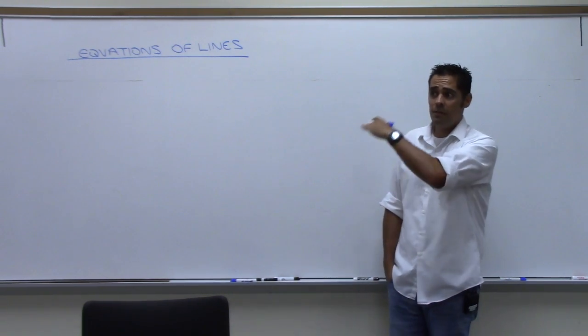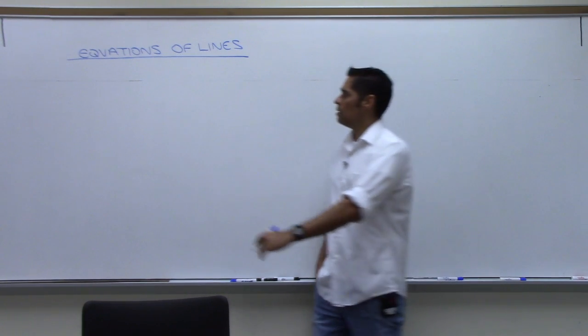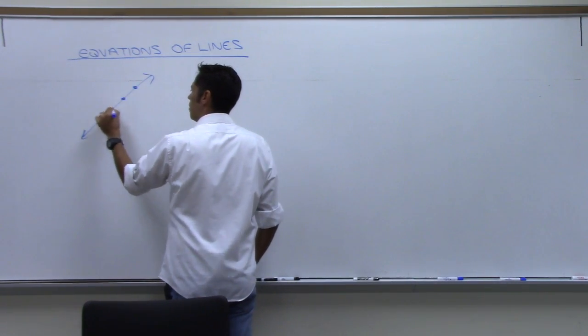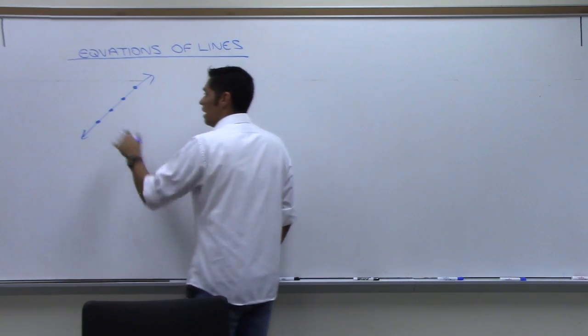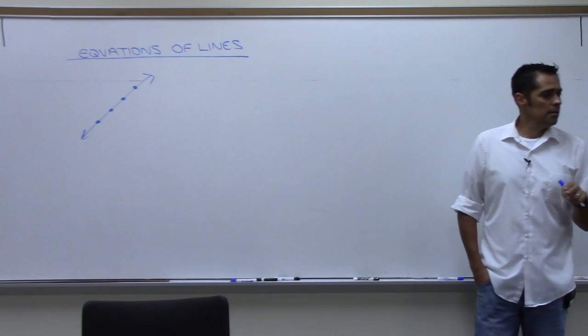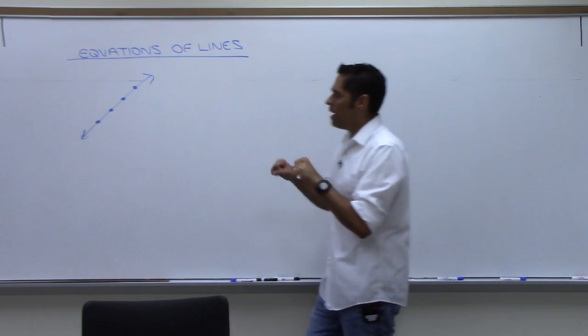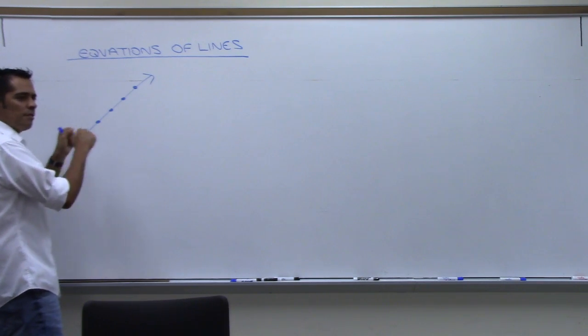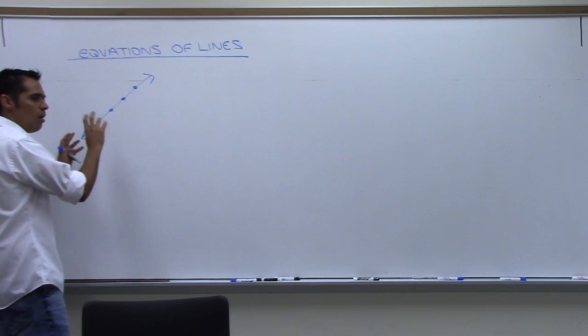A line is really an infinite number of points. All these points, each one of them is some x and y coordinate. So there's some relationship between the x's and the y's, right? There's some sort of connection. They're all related to each other.